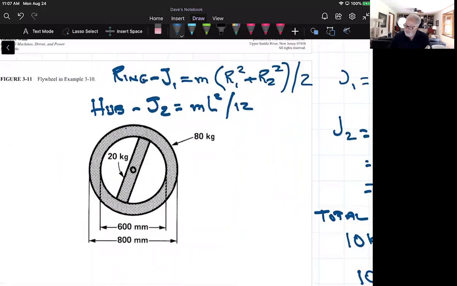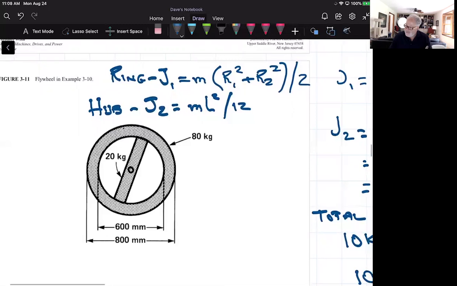For the annular ring shape, the J number is the mass times radius 1 squared plus radius 2 squared, divided by 2. And for the hub, the J number is the mass times the length squared divided by 12.